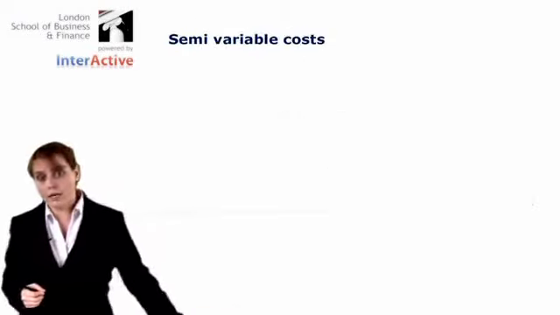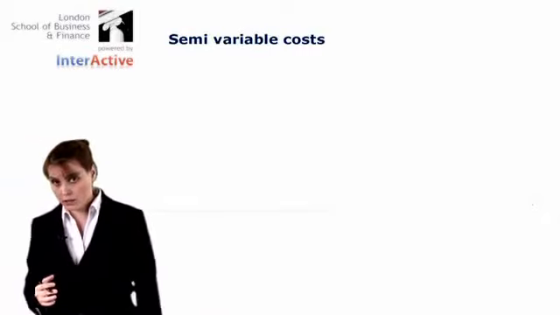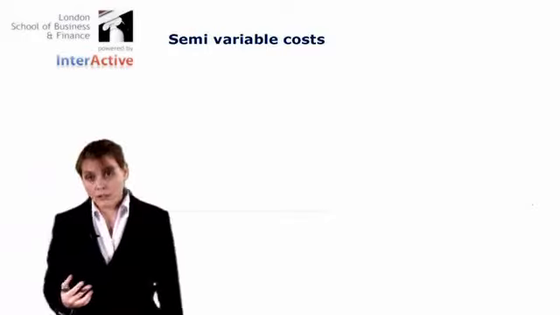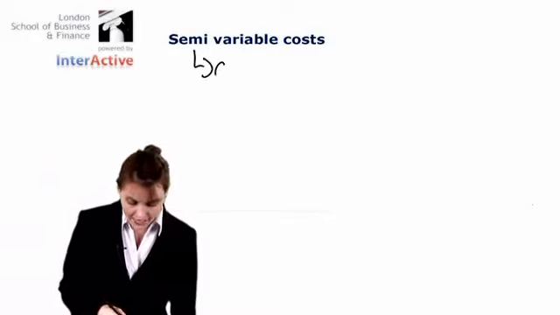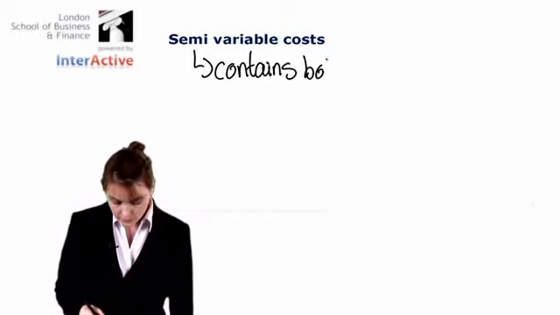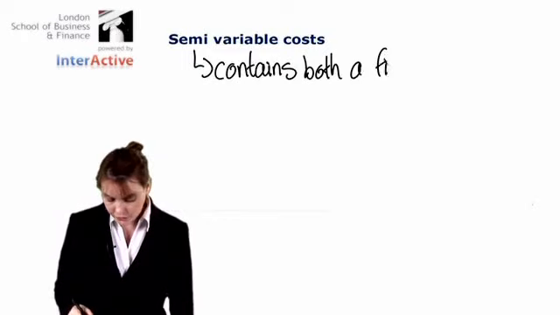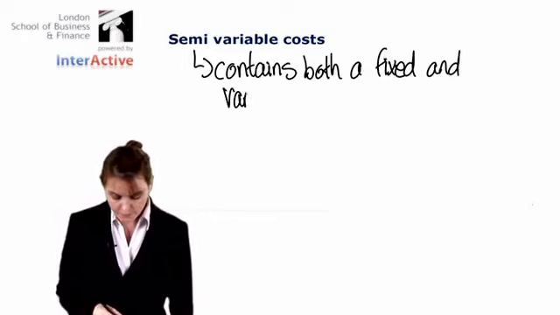Our final cost behavior is called a semi-variable cost. Now, this is what it says it is. A semi-variable cost contains both a fixed and variable element.